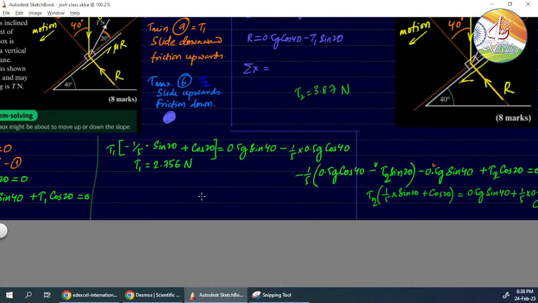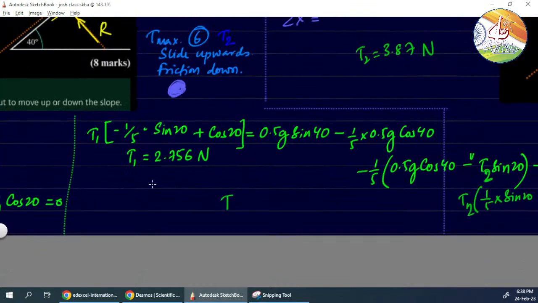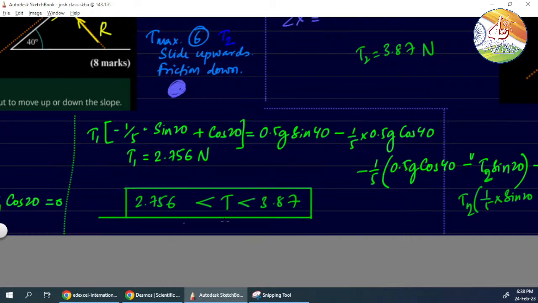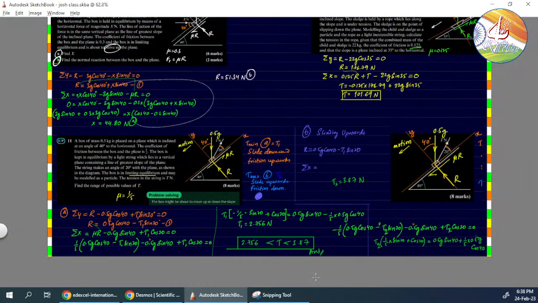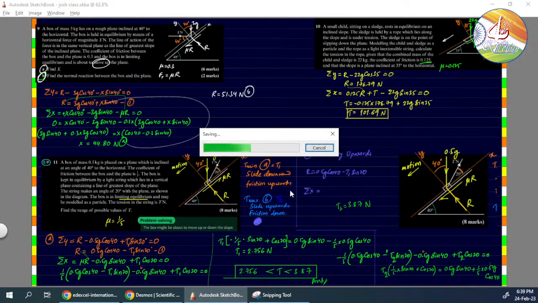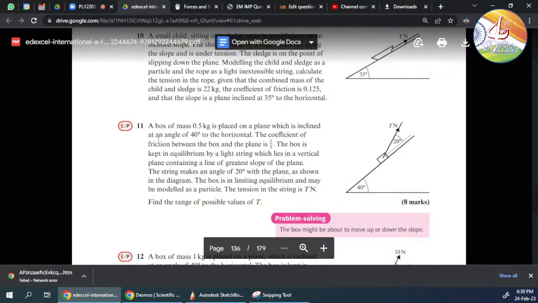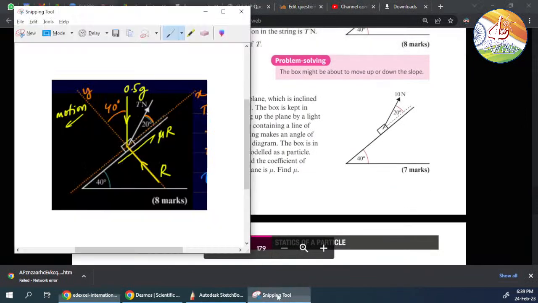The tension will always remain within these limits, greater than 2.756 but less than 3.87. So this is our answer. The 11th problem is solved. The 12th one is next.